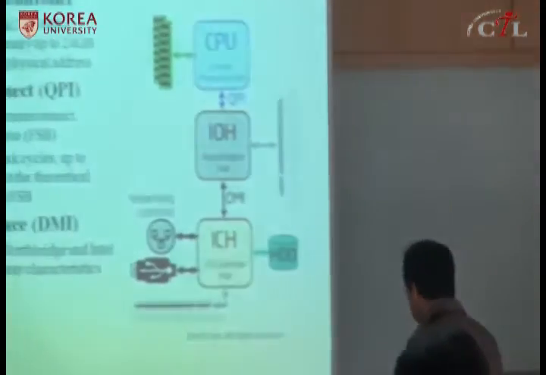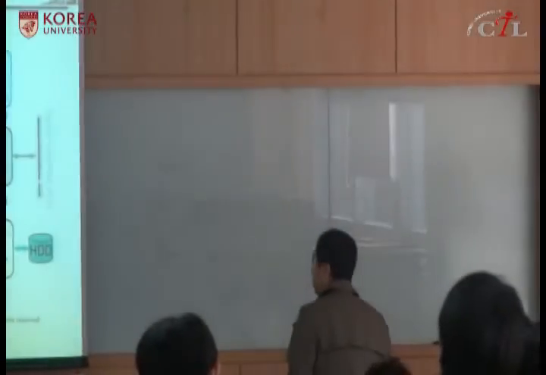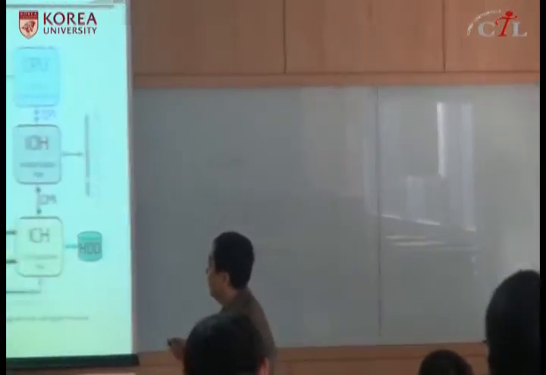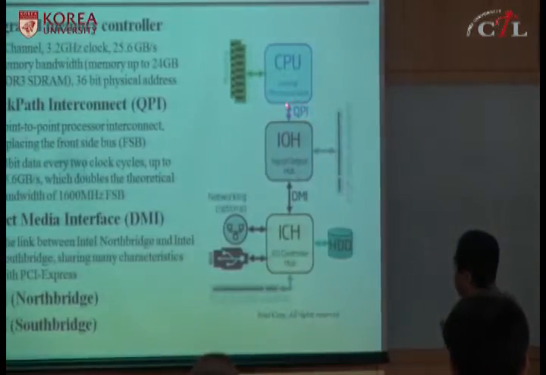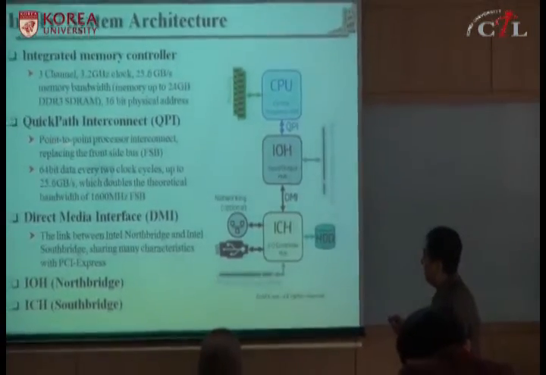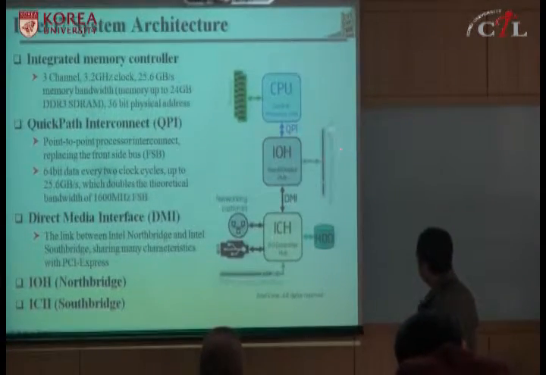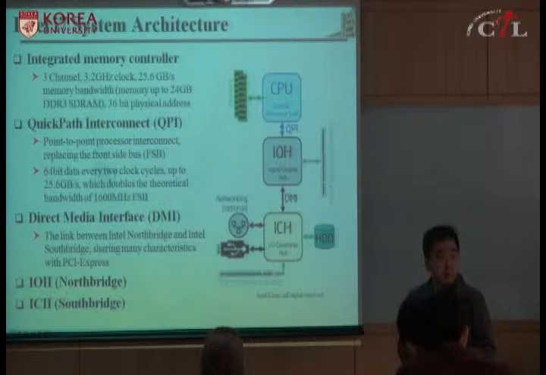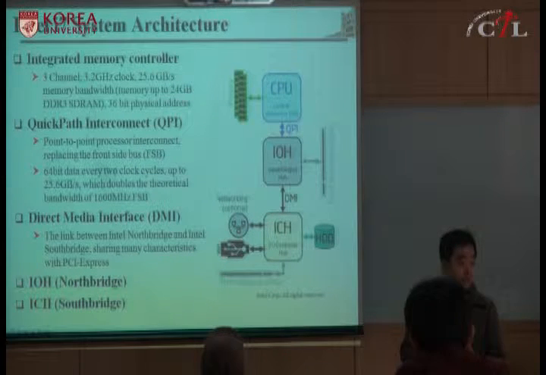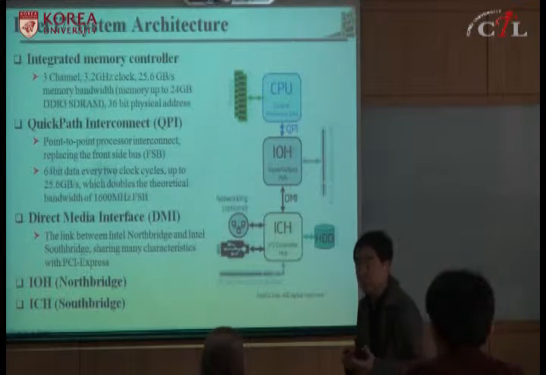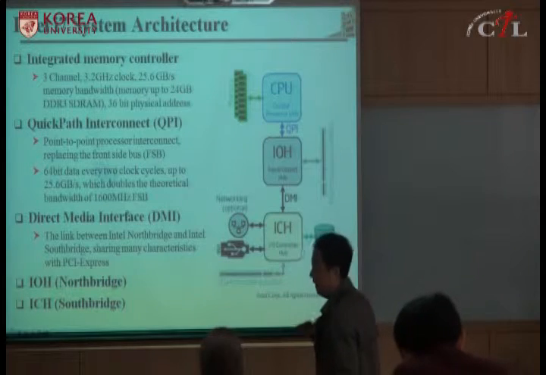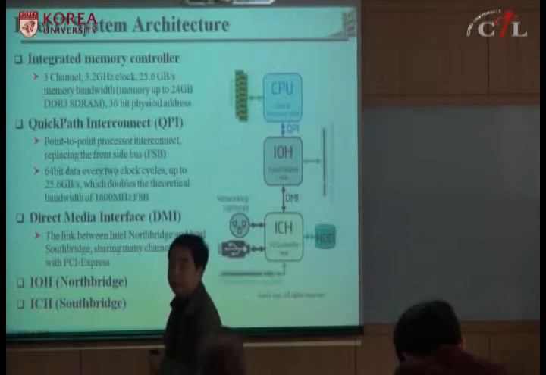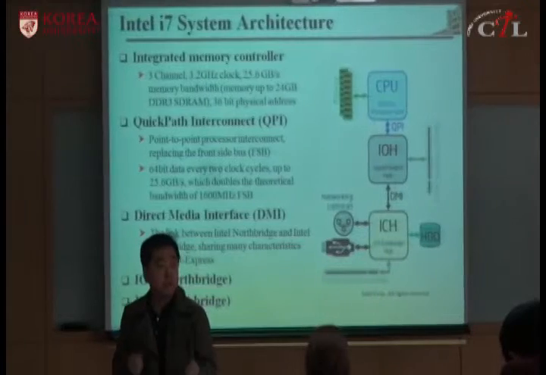This has been applied to this new technology called QuickPath Interconnect. This is a serialized point-to-point processor interconnect. Also, PCI Express uses this kind of point-to-point interconnect, and the disk interface called SATA is also based on point-to-point interconnect, so they are all changing to point-to-point interconnect to increase clocking speed.